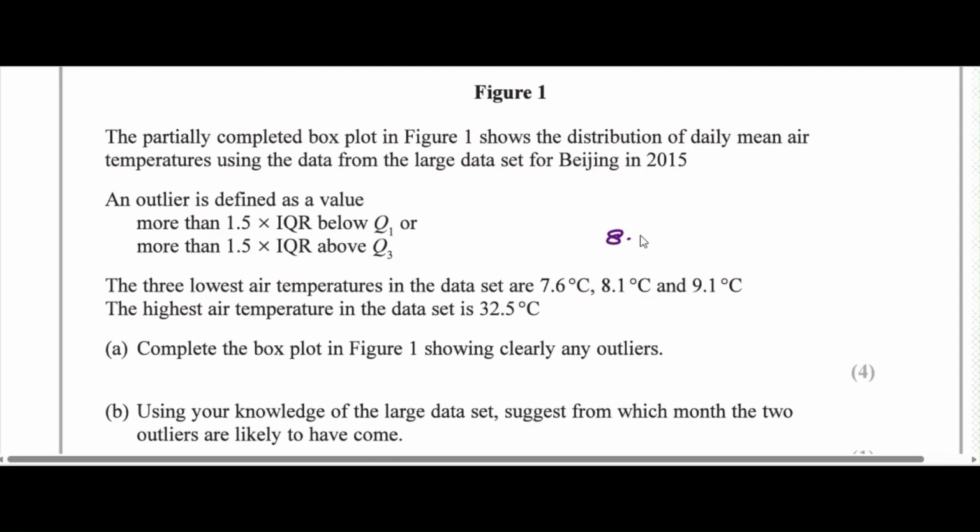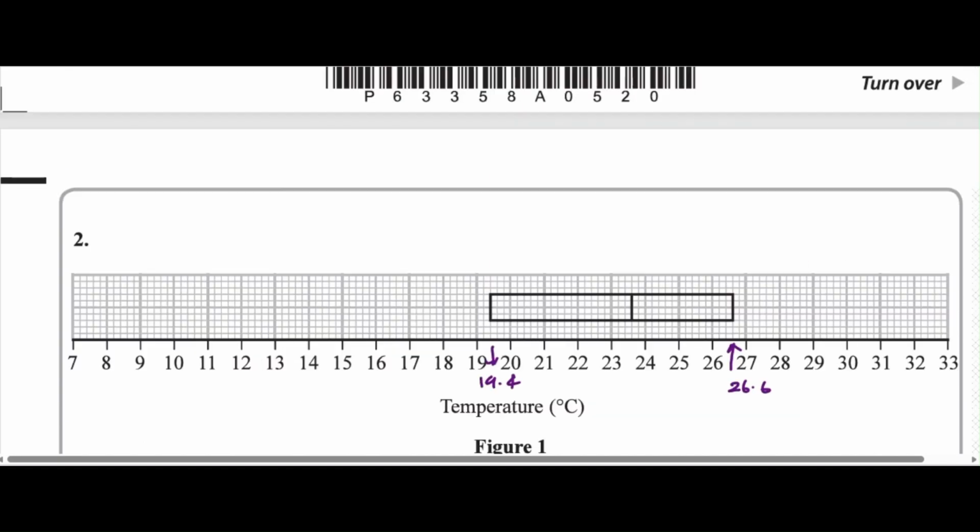So 8.6, 37.4. Looking at these values, we know these two should be the outliers, and 32.5 will not be an outlier. So let's mark 7.6 here and 8.1 here.